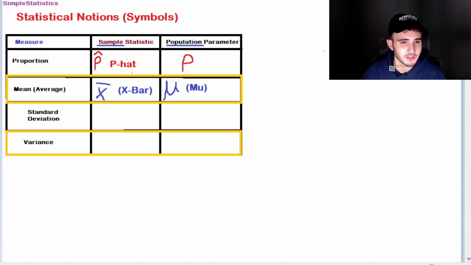And for standard deviation in a sample, it is denoted as lowercase s, the Latin letter S. And for a population, standard deviation is denoted as sigma, the Greek letter sigma.